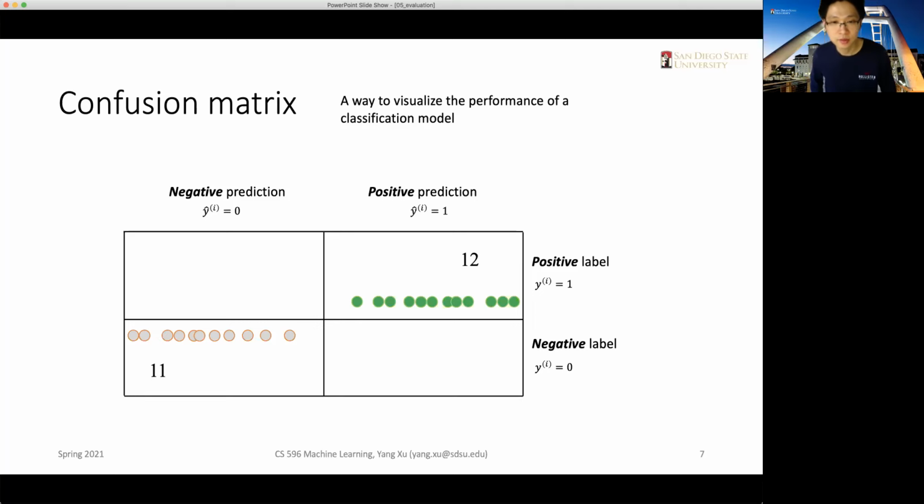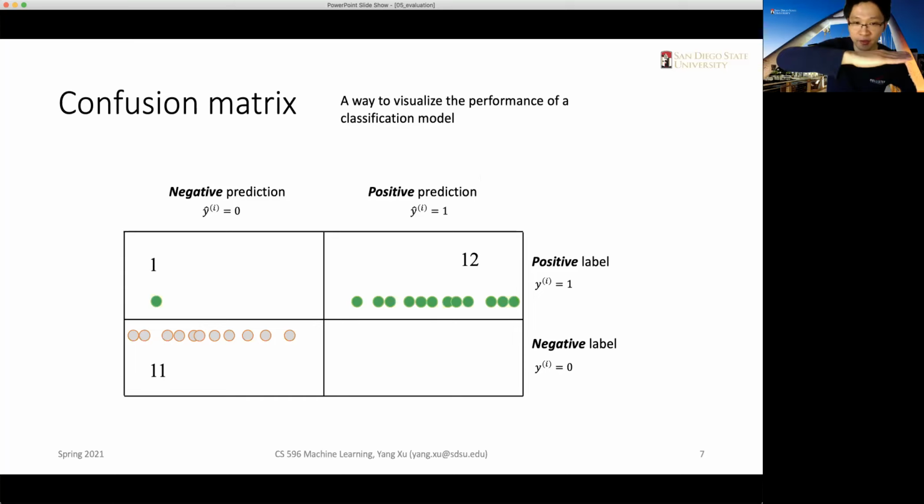These two regions, the upper right and the lower left, are the correct predictions that we wish to see, right? Because positives are predicted to be positive, and negatives are predicted to be negative. Those are the correct ones. And because we already saw the misclassification on the previous page, we find that there is one positive data point that is misclassified, mispredicted as negative.